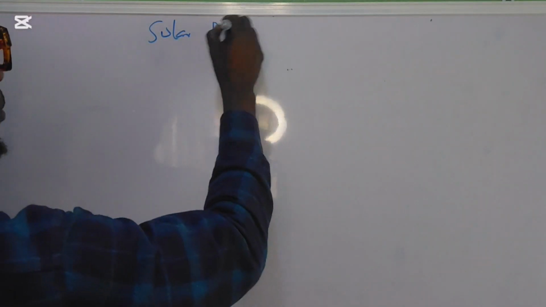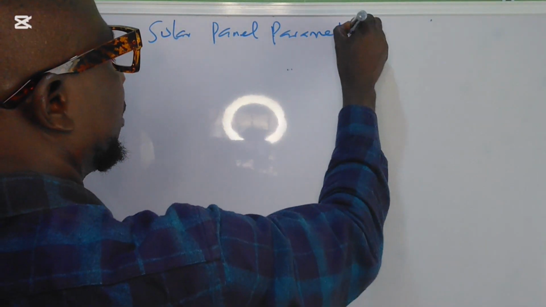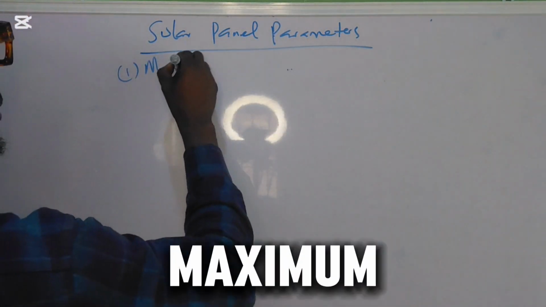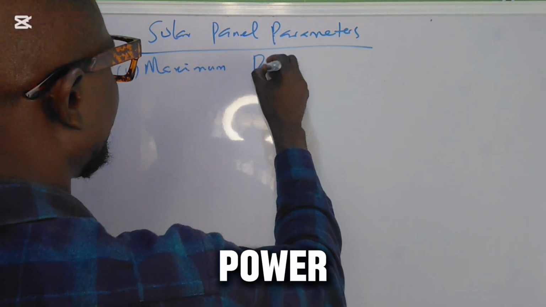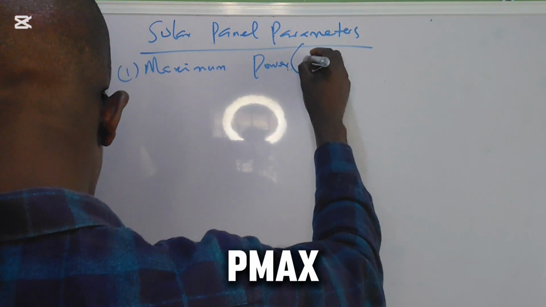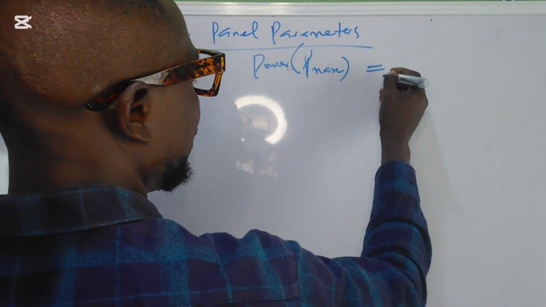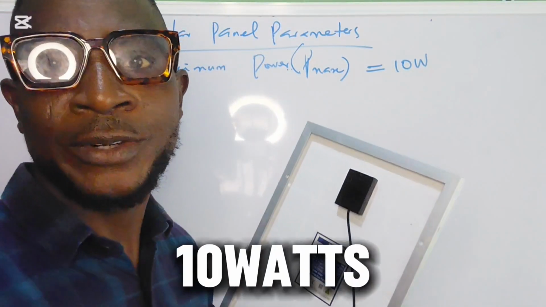Solar panel parameters. 1. Maximum power, or what we call the Pmax. The maximum power of this solar panel is 10 watts. This is a 10 watt panel. 2.